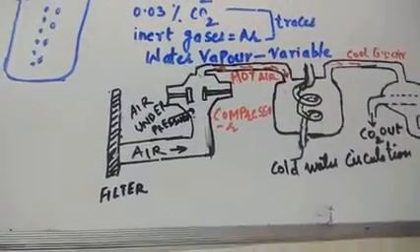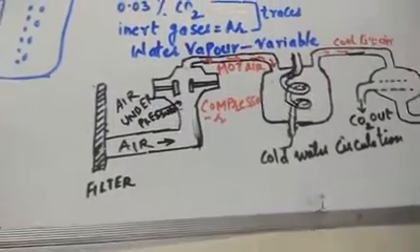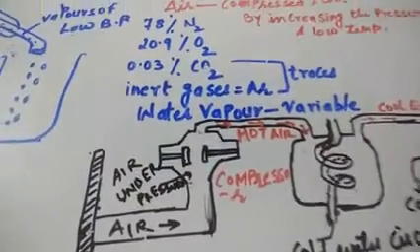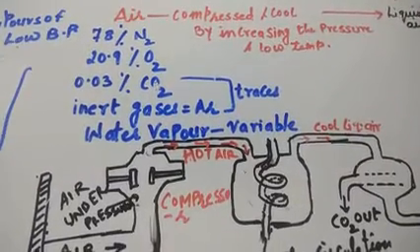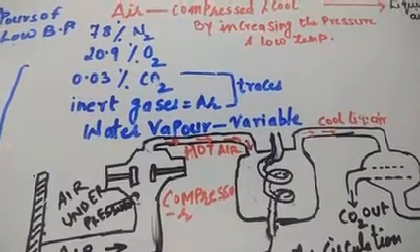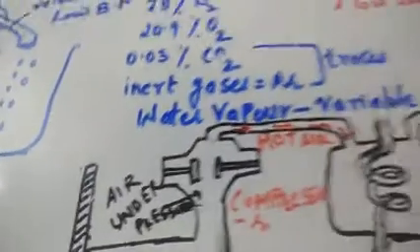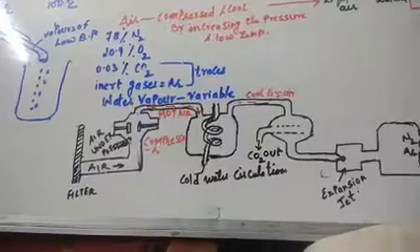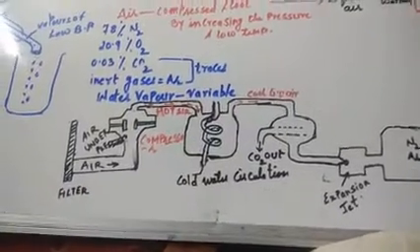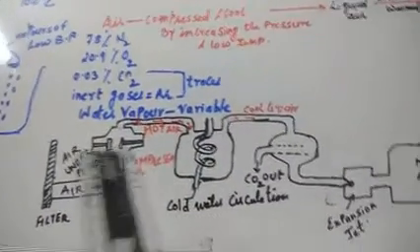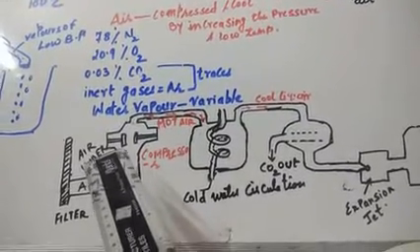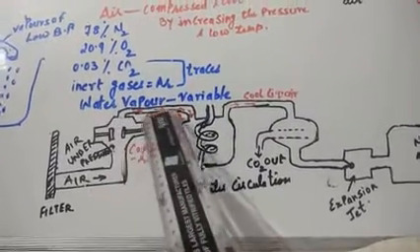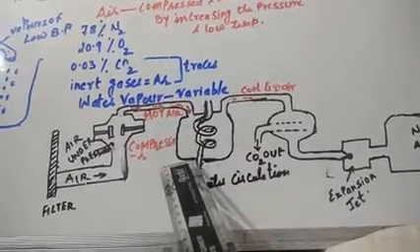As we compress the air, the molecules come closer, they strike each other, and as they strike each other they become hot. Okay, students, they become hot because as the molecules of gas come closer, they strike each other. Now this hot air is taken into a condenser.